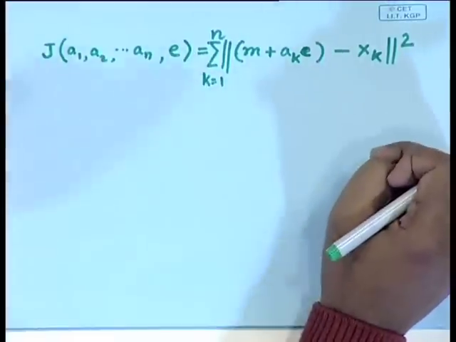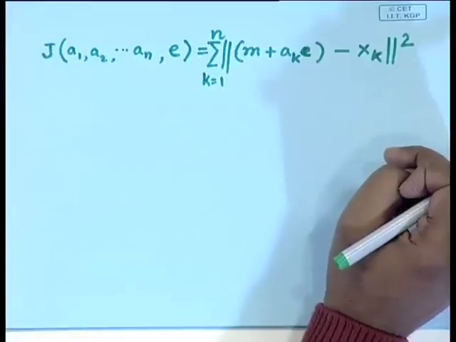And what we try to do is minimize this sum of squared error in terms of a. I want to find out what are these a's, or what are the positions on the straight line by which my d-dimensional vector should be represented, assuming e to be fixed. I do not touch e for the time being, that is, the direction of the line is fixed.